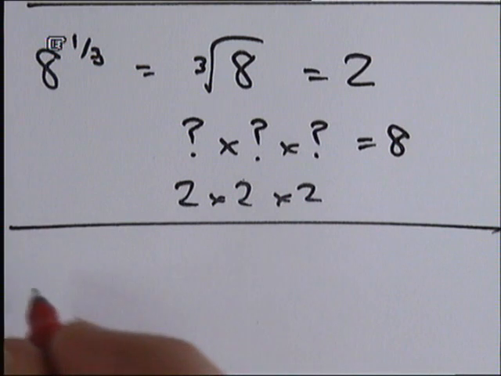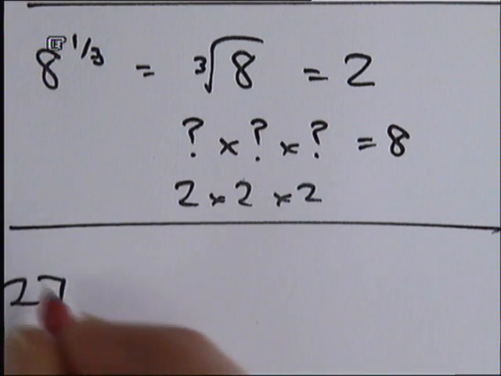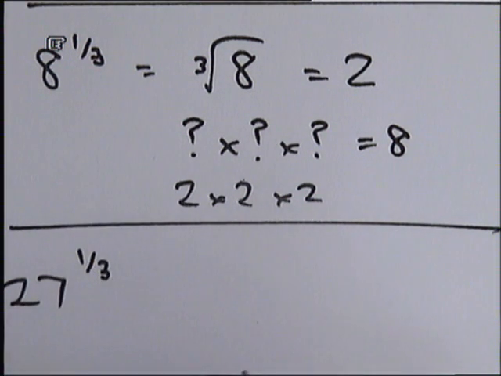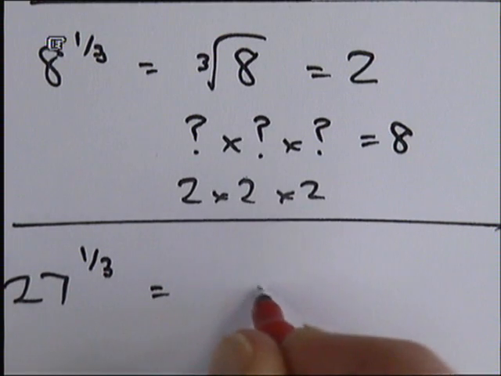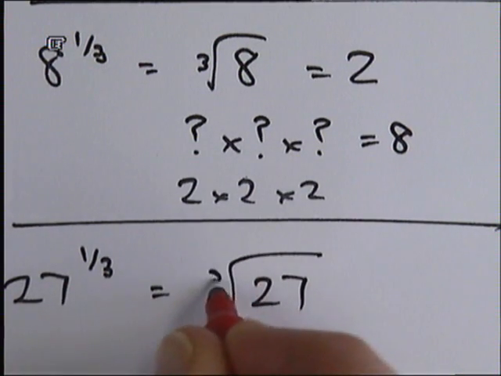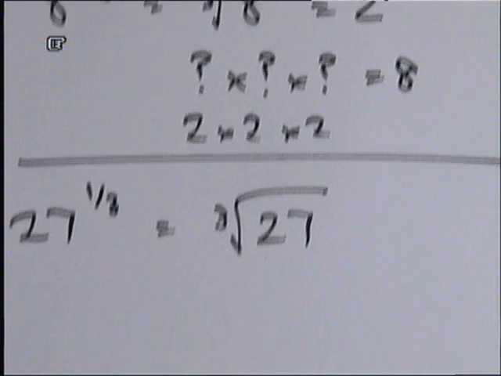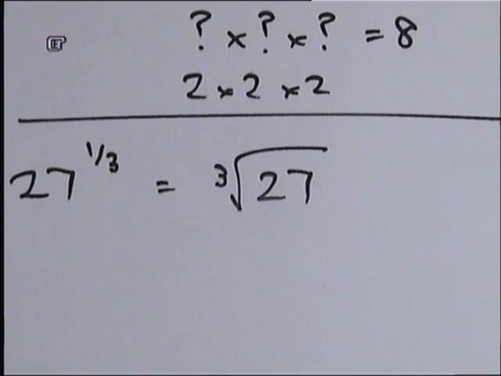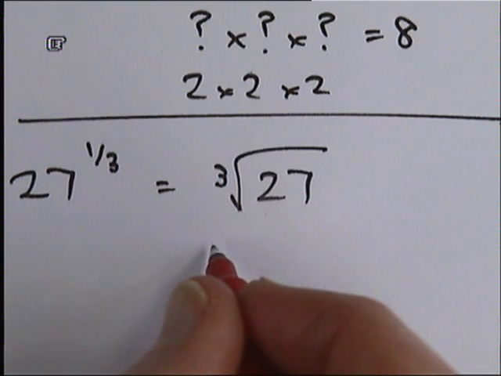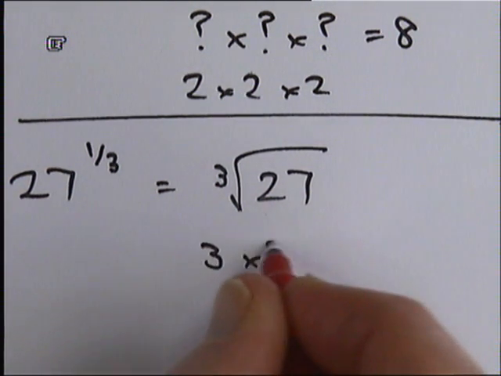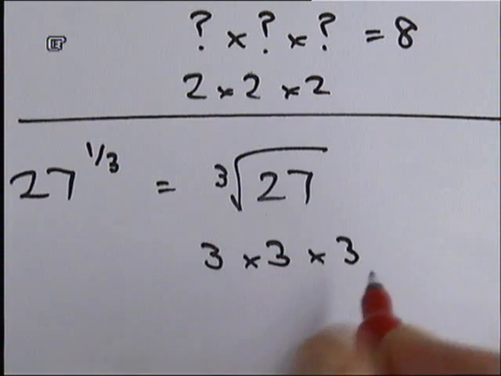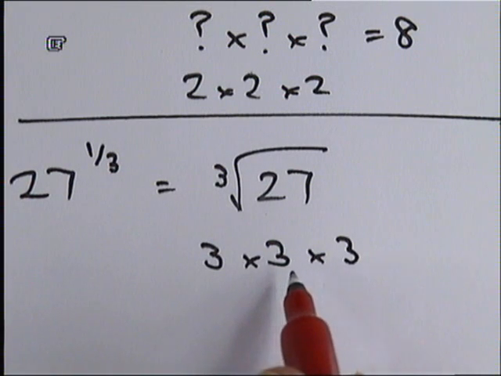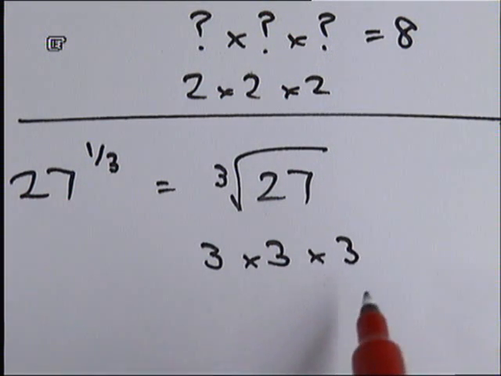If we look at another one, 27 to the power of 1/3, again that power of a third means you cube root, which you write like that. It means what number do we write down 3 times and times together to get 27? That one's actually 3, because 3 times 3 times 3 is 27. 3 times 3 is 9, 9 times 3 is 27.